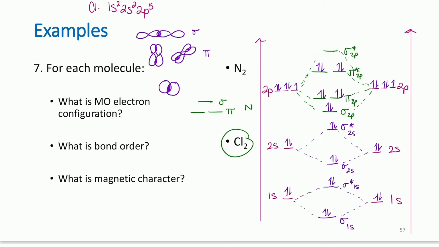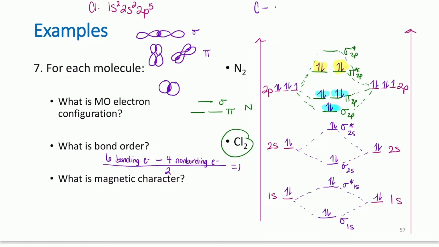So I'm going to look up here and say, okay, I've got 2, 4, 6 bonding electrons. And I've got 2, 4 antibonding electrons. 6 minus 4 divided by 2 is 1.